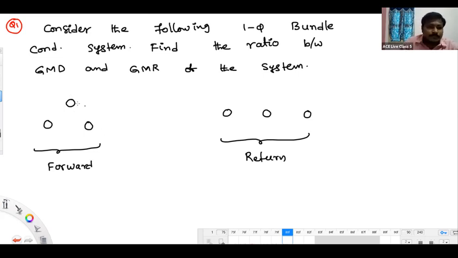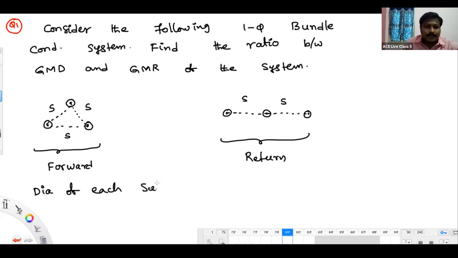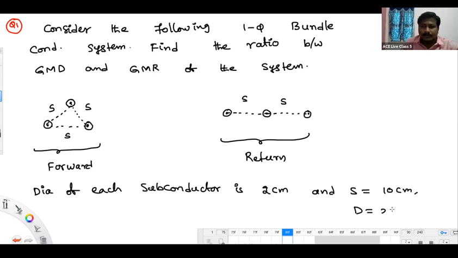Between these two we have a gap of S, and here also a gap of S, and here also a gap of S. And here you see the distance. Next, the diameter of each subconductor is 2 centimeters, and S equals 10 centimeters, and capital D equals 2 meters.